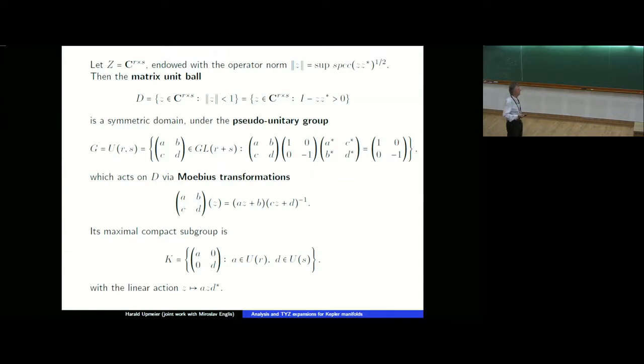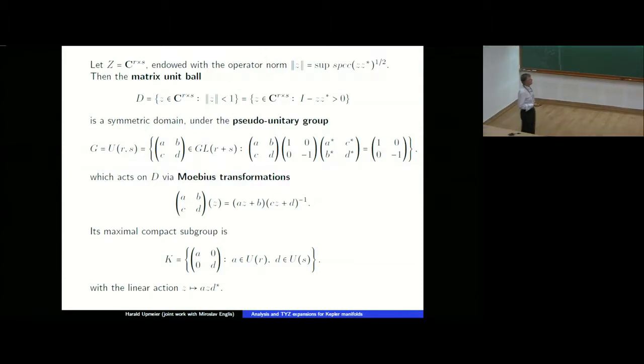That means the absolute value of the largest eigenvalue of the absolute value of Z, so the spectrum of ZZ star to the 1/2, and the supremum. We all know it's kind of hard to compute this operator norm, but it is a norm on the matrix space. So we define the matrix unit ball, D. These are all matrices of norm less than 1.